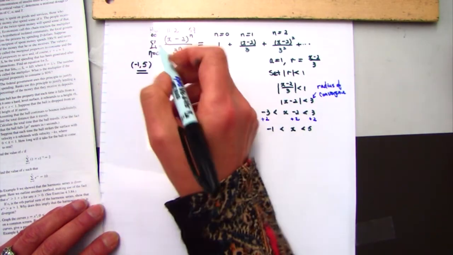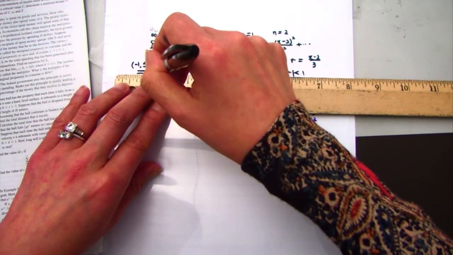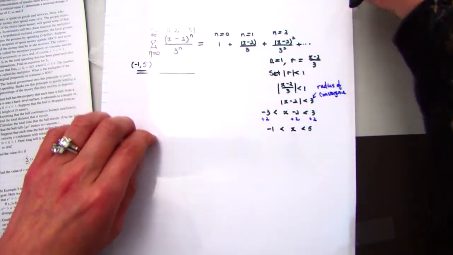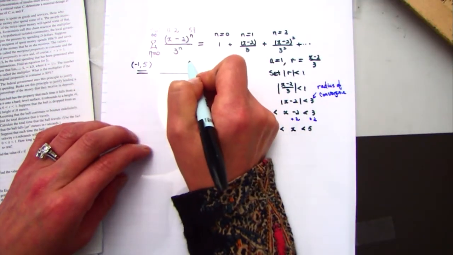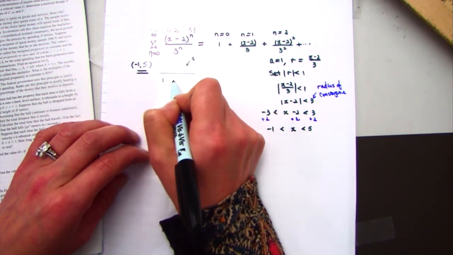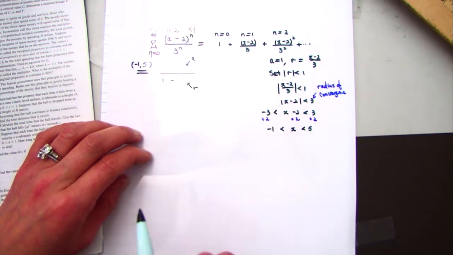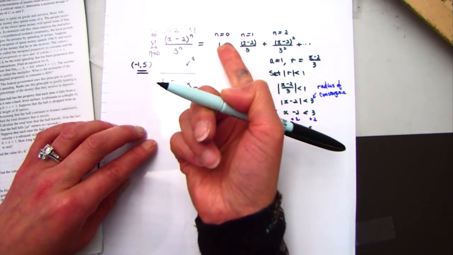Okay, and so let's set up the sum. The numerator is supposed to be the leading term. The denominator should be 1 minus the ratio. Okay. And the leading term is just 1.